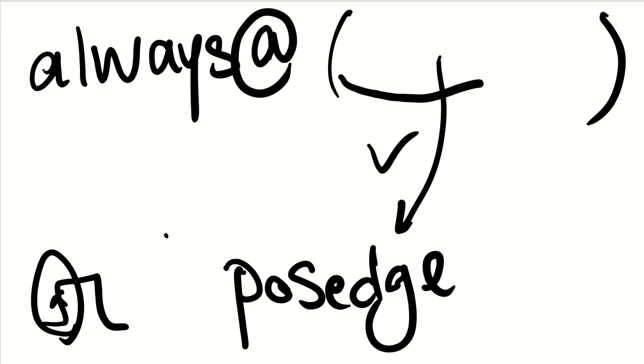For example, every time this condition is met, use this register C, for example. Okay? Yeah, I'm going to end it here.